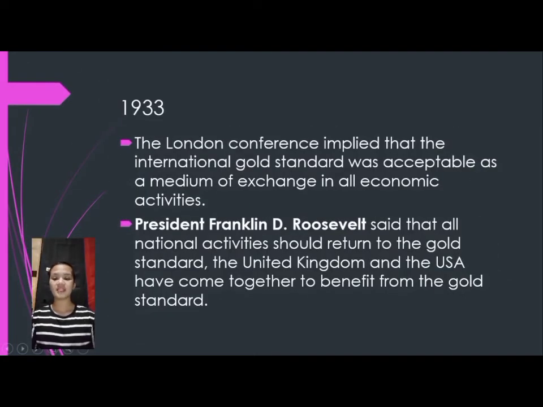In 1933, the London Conference implied that the international gold standard was acceptable as a medium of exchange in all economic activities, whereas both the United Kingdom and the USA had convened to promote the advantage of the gold standard. President Franklin D. Roosevelt said that all national activities should return to the gold standard. The United Kingdom and the USA have come together to benefit from the gold standard.